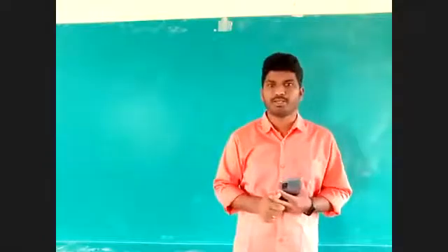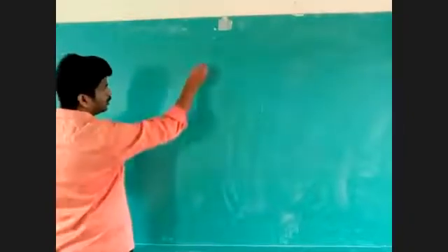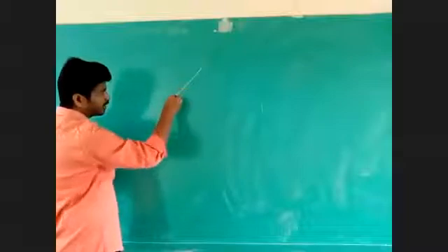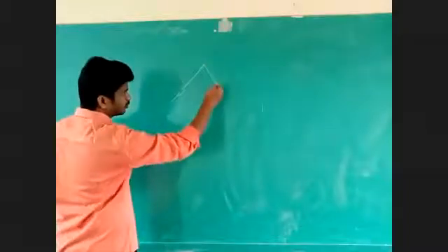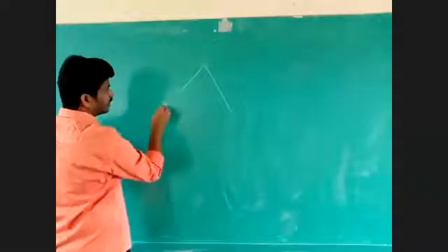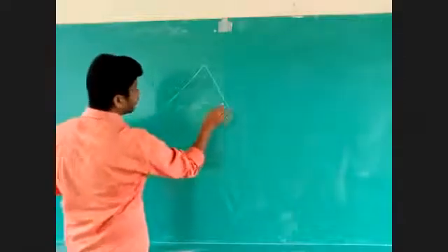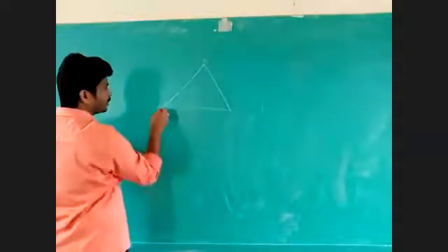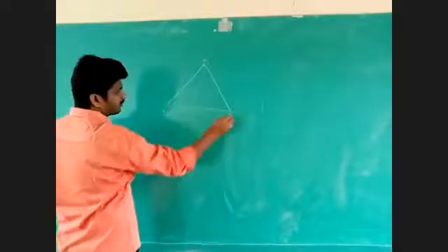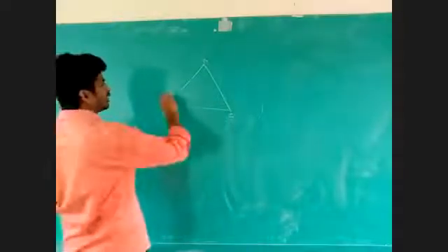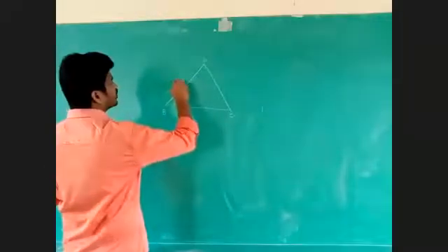And prove. So take one equilateral triangle. In an equilateral triangle, all sides are equal. ABC is the equilateral triangle. Let us consider each side of the equilateral triangle equal to A units.